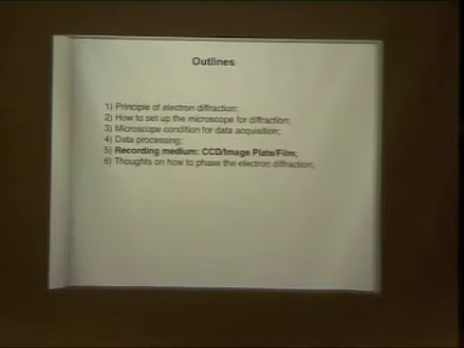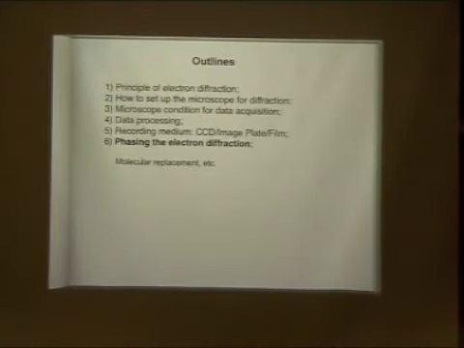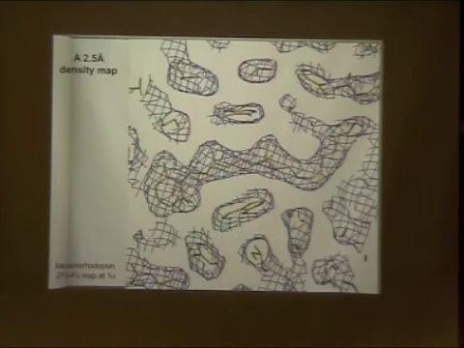If you can phase the diffraction using molecular replacement or any other method, then you can solve the structure. In this particular case, given the structure we had before, we used molecular replacement to get a structure at about 2.5 angstrom. So that's basically all I want to talk about today on diffraction.